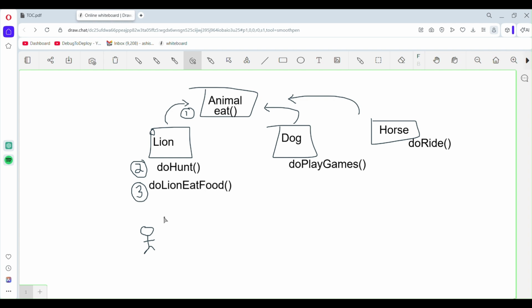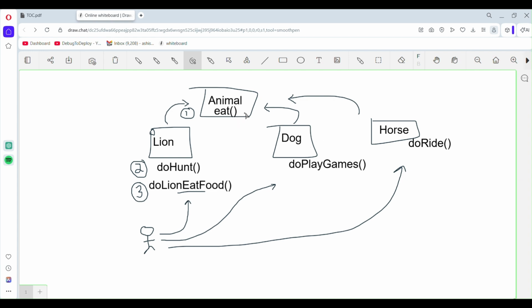First the user is playing with one animal, a lion, and the second time the user shifts the animal to the dog, and the next time the user shifts the animal to the horse, correct? While switching from lion to dog, I have to remember that for the lion I have a method lionEatFood, but for the rest I have dog.eat or horse.eat, correct?